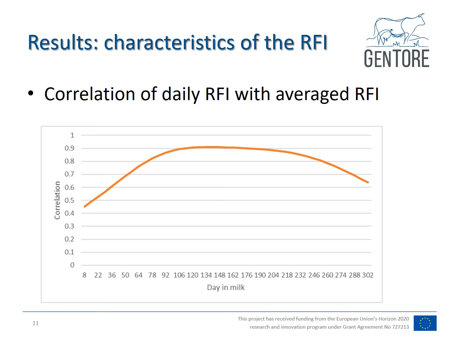So if you want to measure RFI only in a short period of time, you can go for mid-lactation and you will get more or less the same ranking of your animals as if you were measuring on all lactation long.